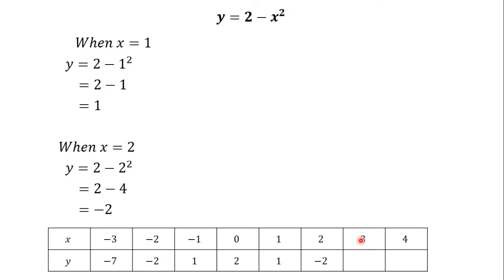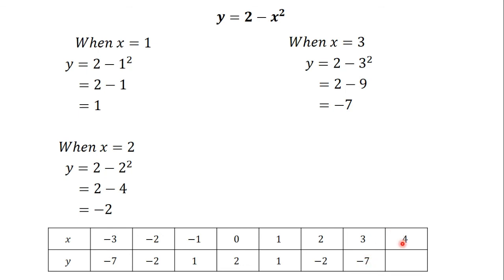The next x value is 3. When x is equal to 3, y will be equal to 2 minus 3 squared. 3 squared is 9. So we have 2 minus 9. And 2 minus 9 will give us minus 7. So when x is equal to 3, y is equal to minus 7.